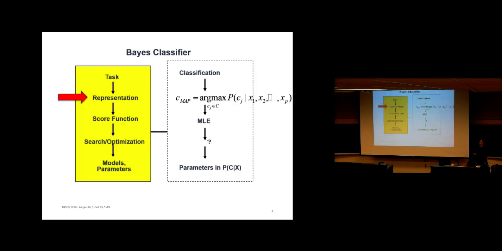Okay, so the Bayes classifier. You can think of it as an umbrella group of classifiers that use this rule to perform classification.